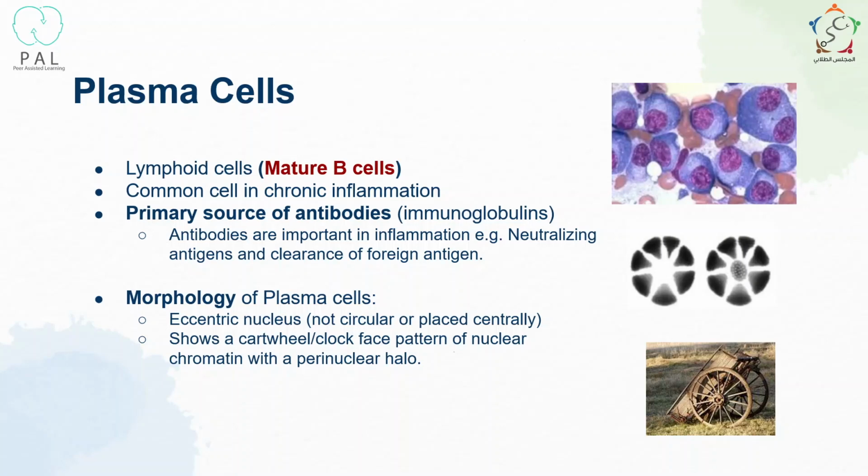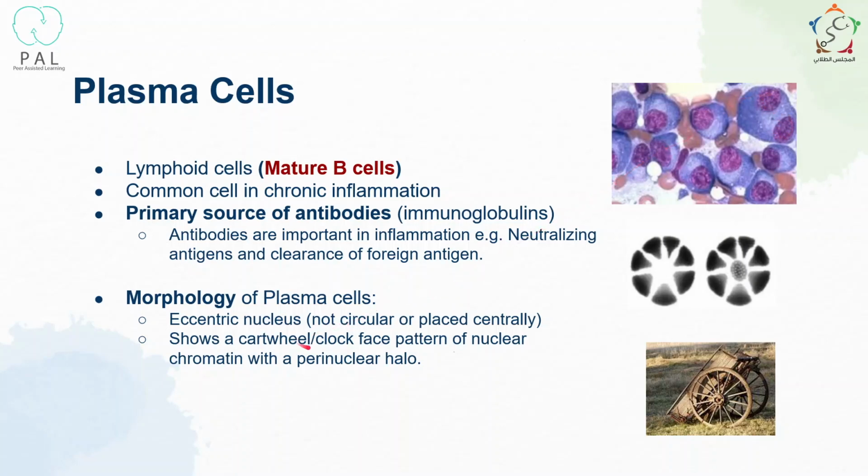As for the morphology of plasma cells, they have an eccentric nucleus, so it's not in the center. You can see it's eccentric on the sides, and not necessarily circular, so it's kind of oval and it differs.